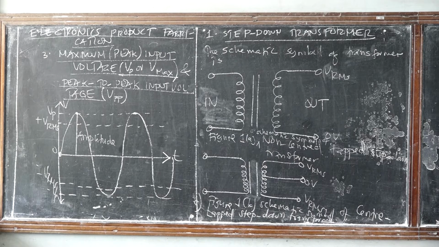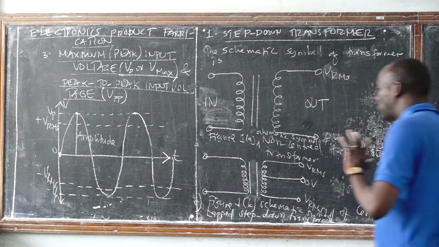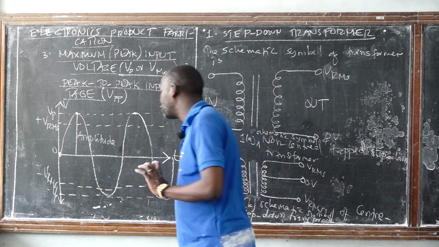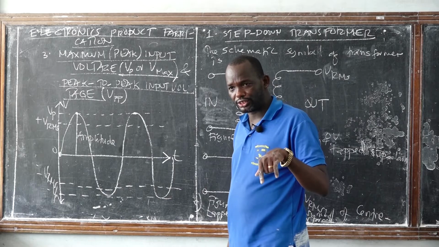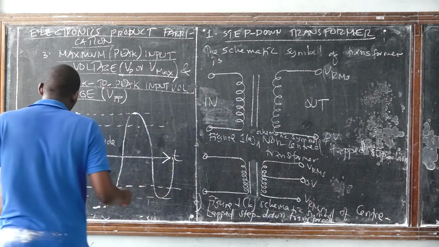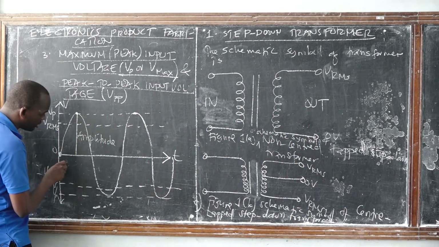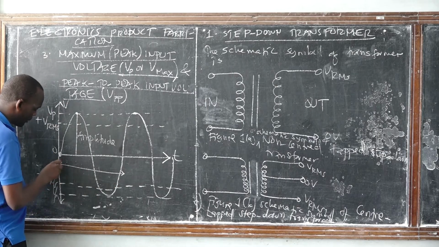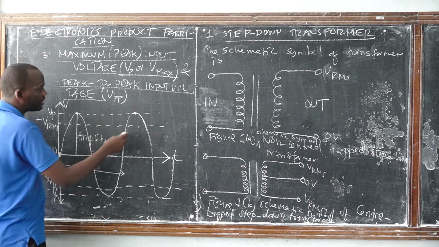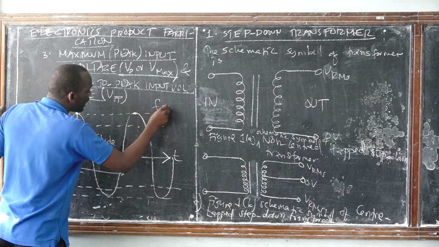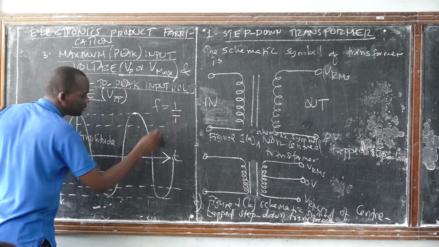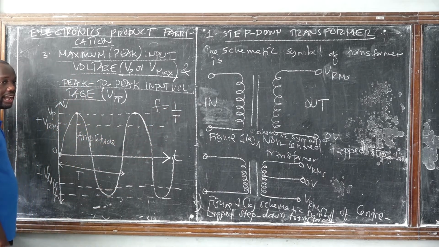Another important parameter in electronics and communication is peak-to-peak voltage. When we've been discussing frequency, this is the period. What is the relationship between frequency and period? It's f = 1/T.